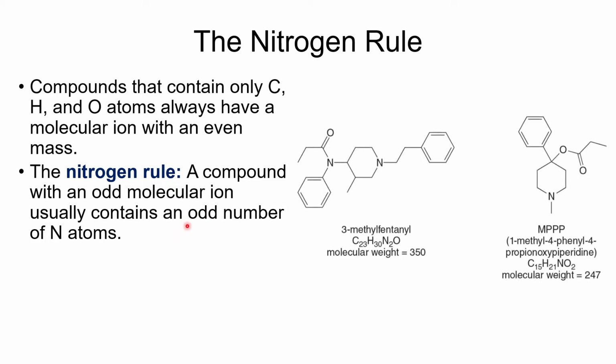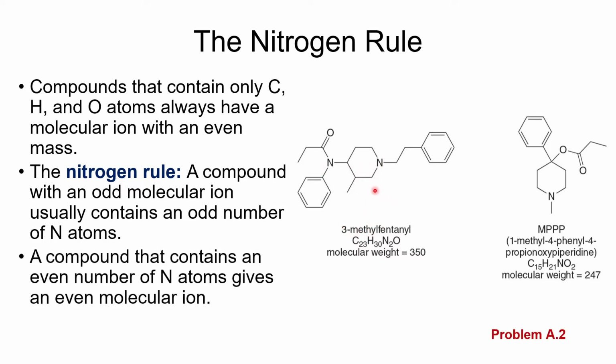So here is an example. I always seem to be showing you drugs, but this one is 3-methylfentanyl, which is a very powerful opiate. This particular one has 2 nitrogens, and because it has 2 nitrogens, it has an even molecular weight.